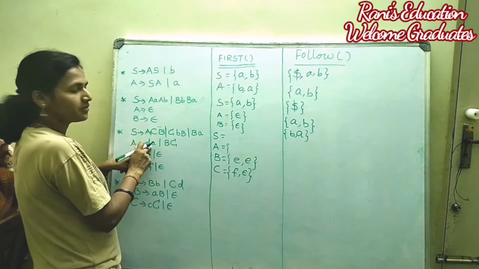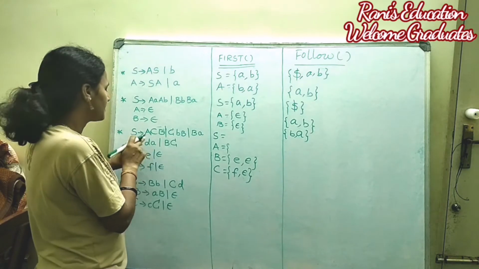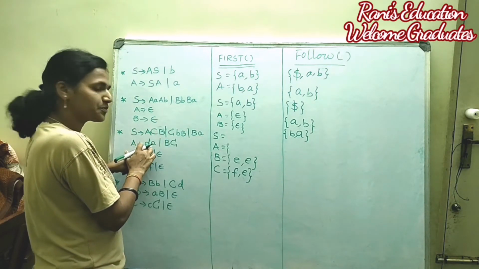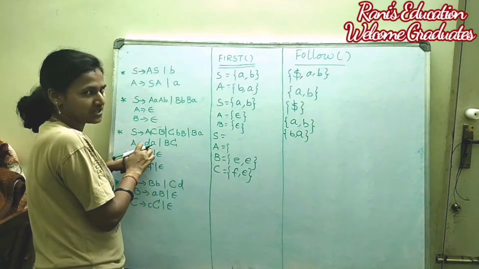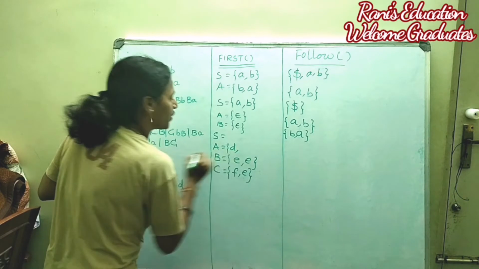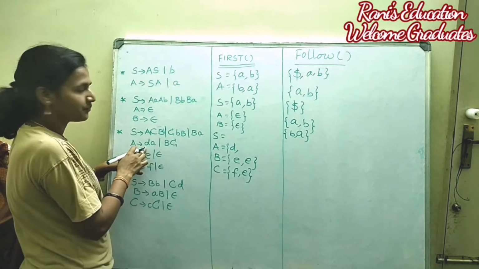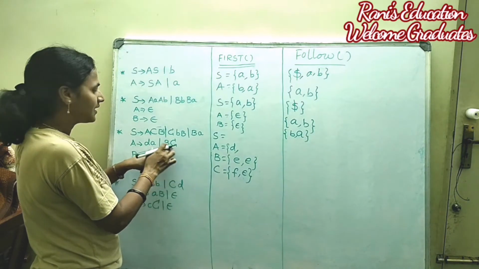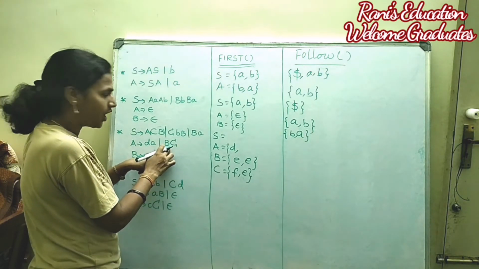Now move on to what is first of A here. In this we have two productions. In the first production the RHS starts with a terminal. What is that terminal here? Small d. That we are going to consider for first of A. Now move on to the second production A → BC. Here the RHS starts with a non-terminal.